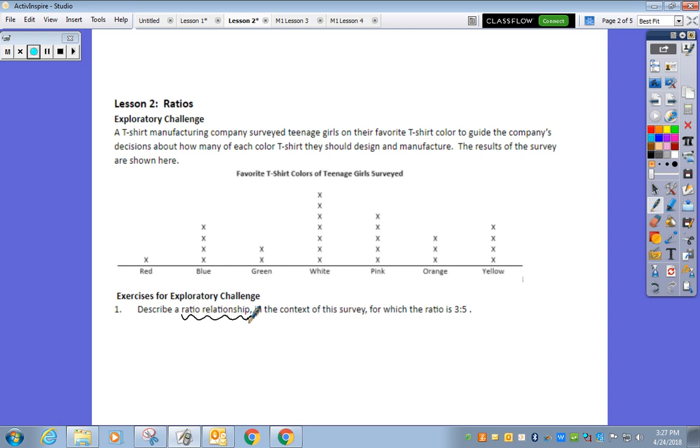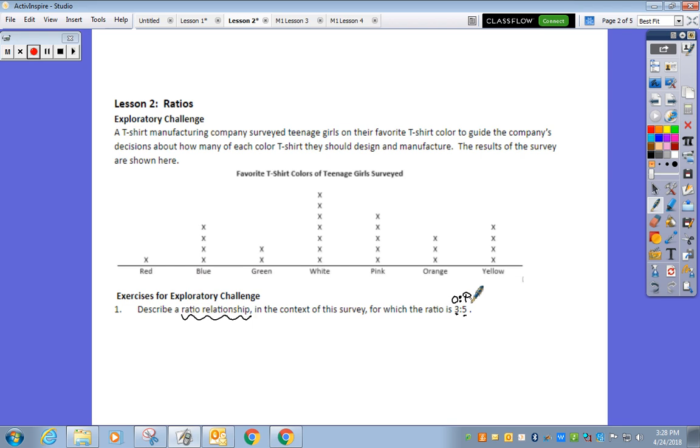Describe a ratio relationship in the context of this survey, for which the ratio is 3 to 5. So we want to find a color that has 3 X's and a color that has 5 X's above it. If we look, we see that orange has 1, 2, 3, so this would be an orange ratio, to pink, 1, 2, 3, 4, 5.